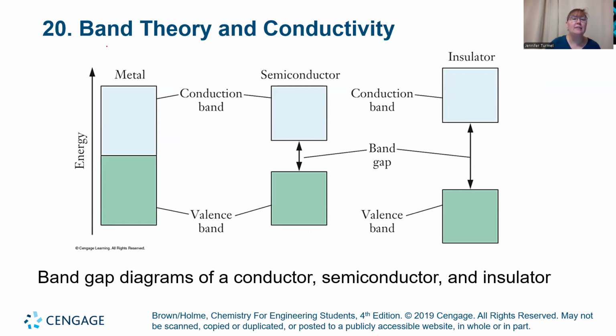The thing here to look at is, so here we have a metal. And remember that a metal can also be known as a conductor. In that case, notice here that you have no band gap.